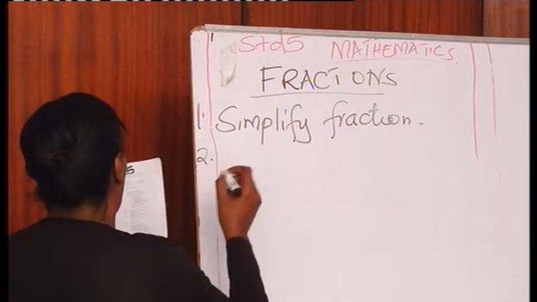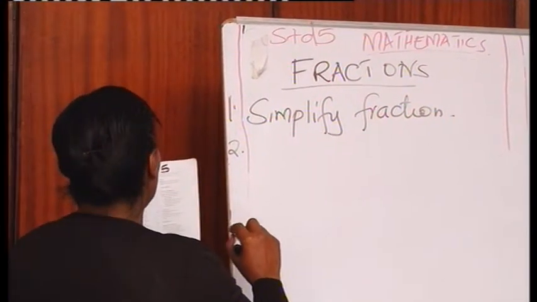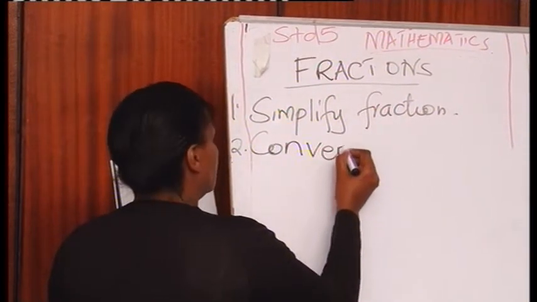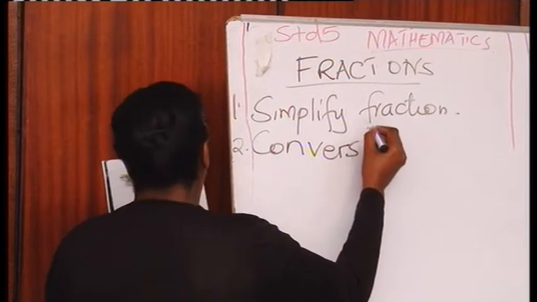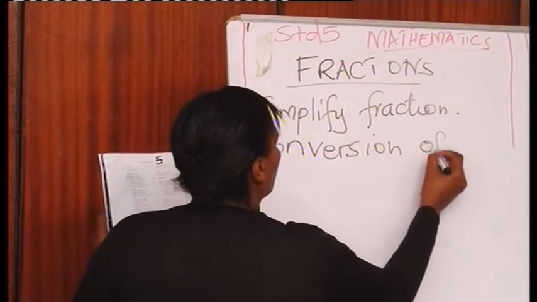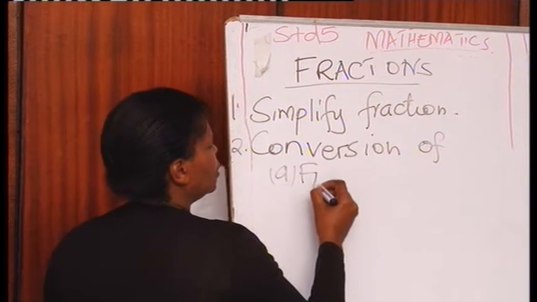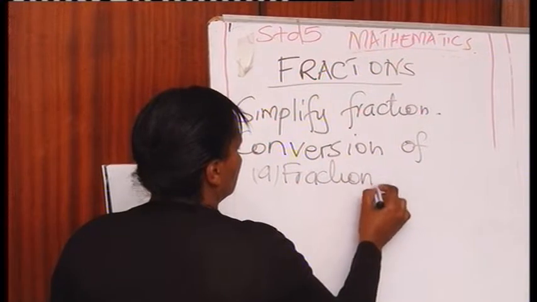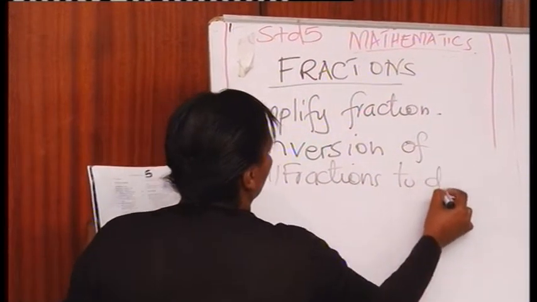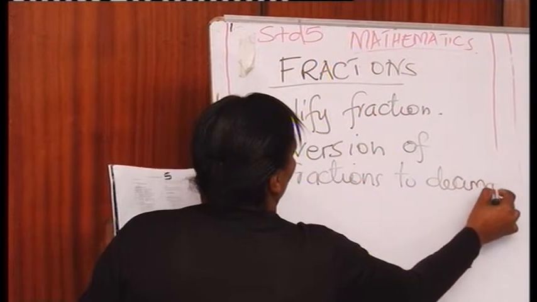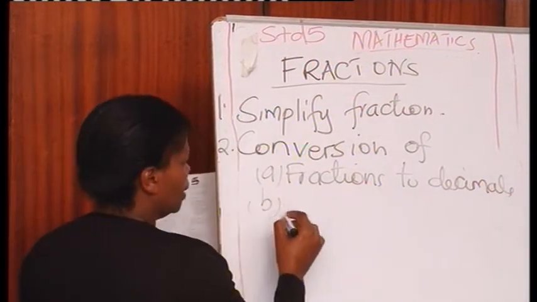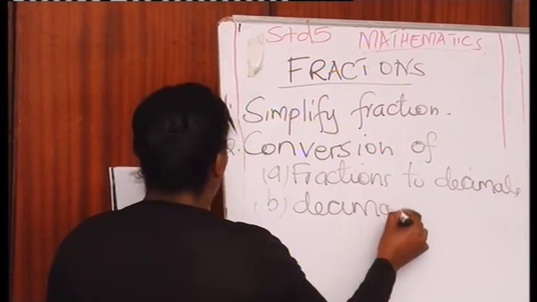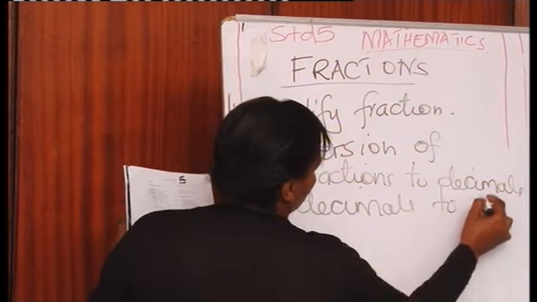Then two, we will do conversion of fractions to decimals, and B, also decimals to fractions.